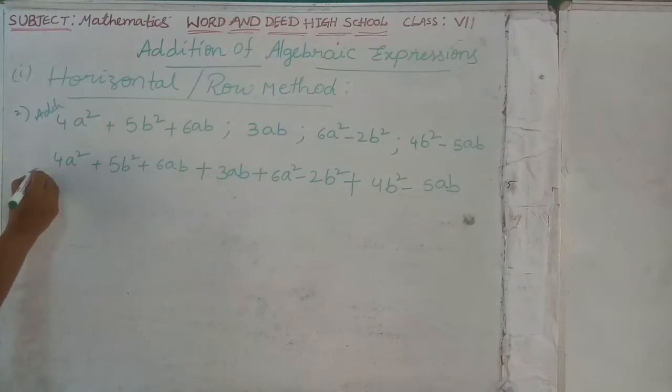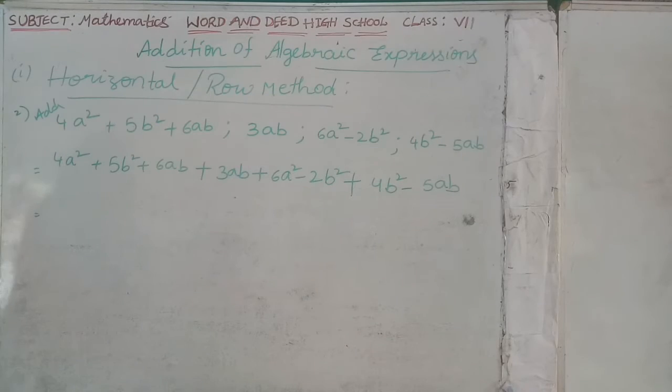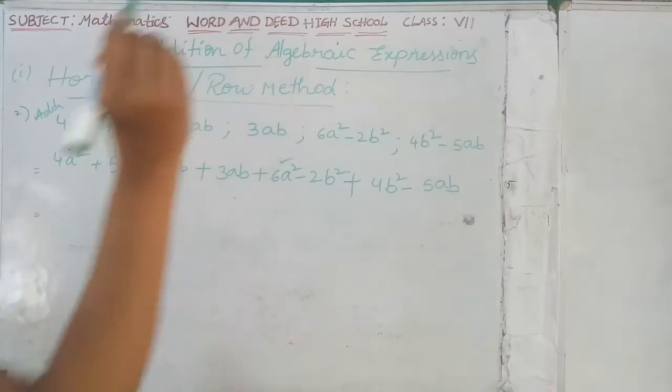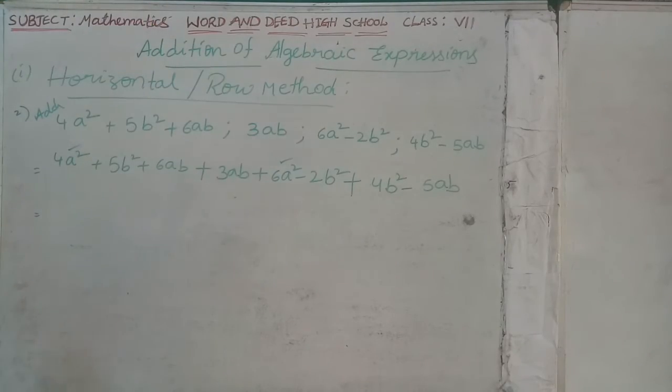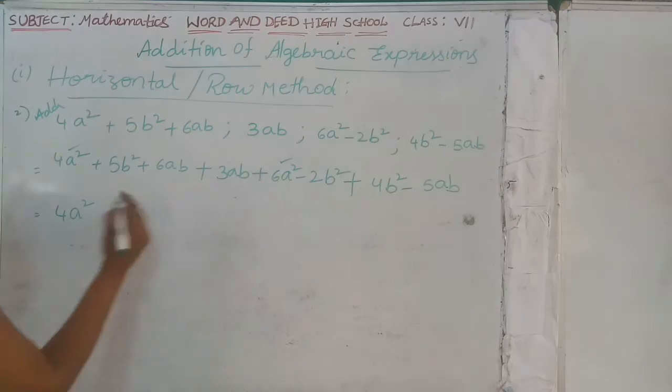Yes, children. Next step, what do we have to do, children? What are the like terms? Just we can identify. Together we can write the like terms. So, here a square. Next, where do we have a square terms, children? See, here a square. So, two a square terms we have. The two a square terms together we can write: 4a square plus 6a square.